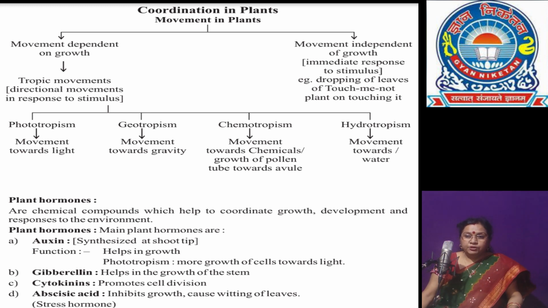Today I am going to discuss tropism in plants. Now what is tropism? Tropism means a kind of movement of plant parts due to the direction of a stimulus.